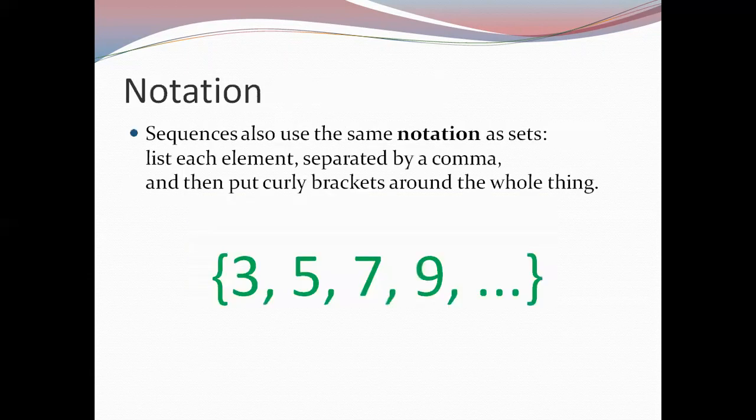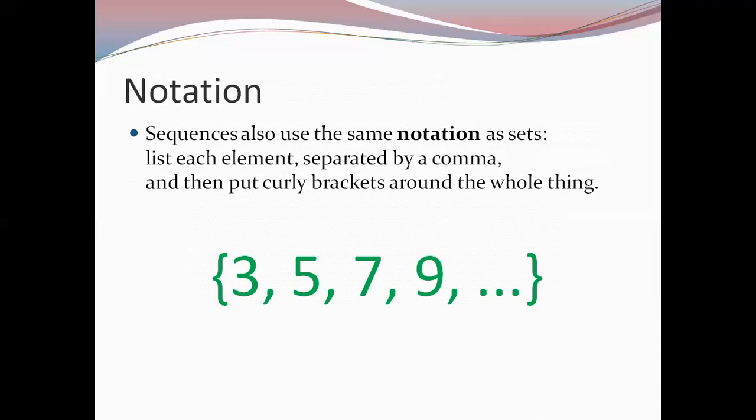Okay, next is notation. Notation for a sequence uses the same notation as a set. List each element separated by a comma, and then put curly brackets around the whole thing.